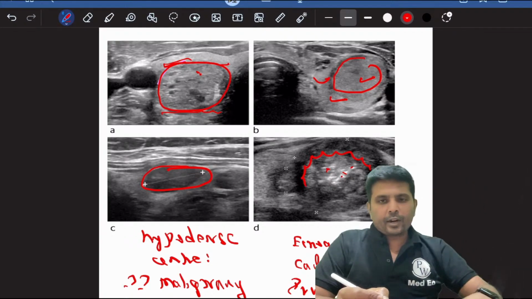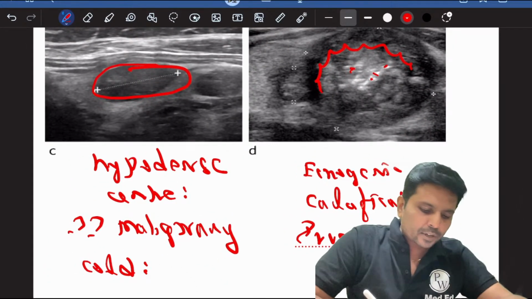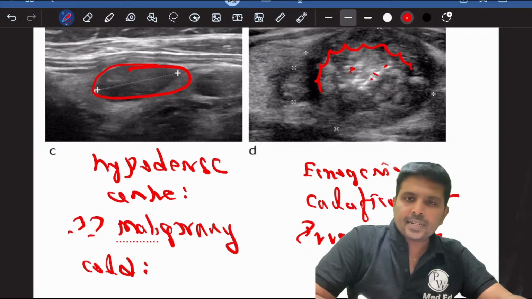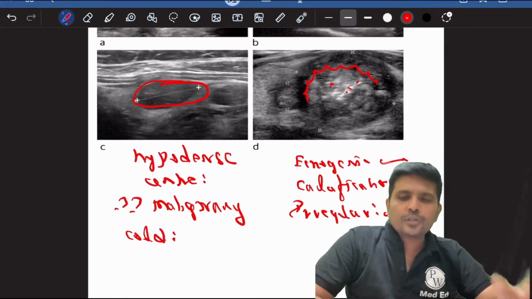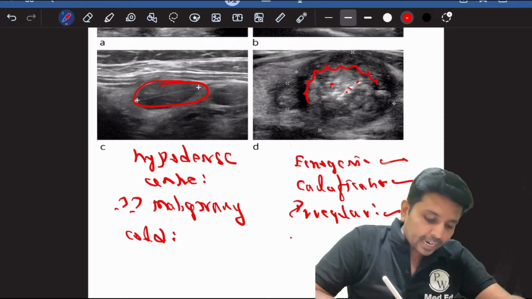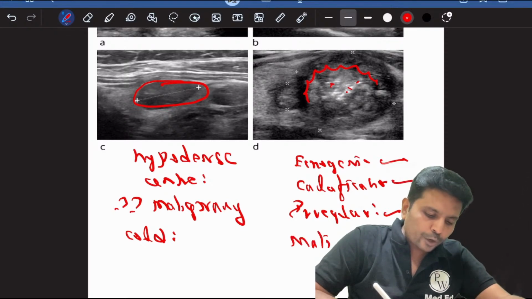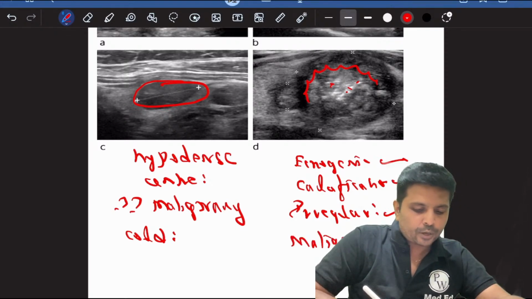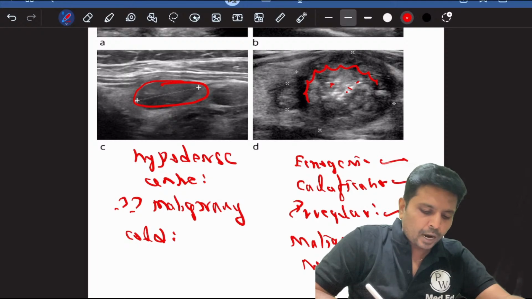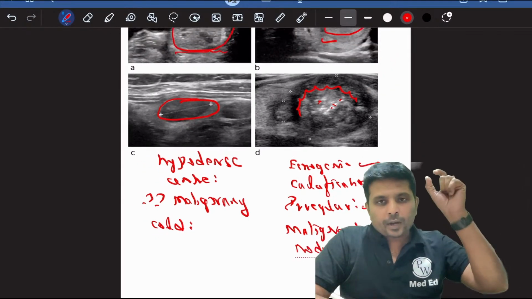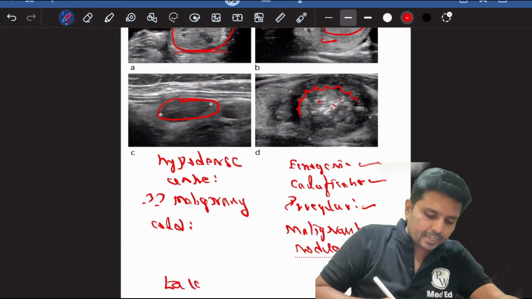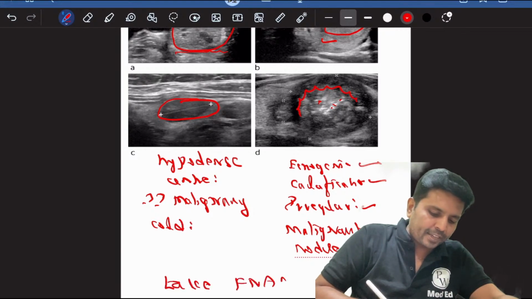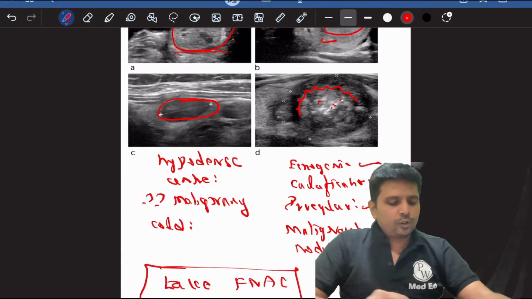So in a thyroid gland, when borders are irregular, when there are central calcifications and there is an echogenic pattern, it is highly suggestive not of a cyst, it is a malignant nodule unless otherwise proved. And also this ultrasound will help you to take an FNAC by identifying the site of the cold nodule.